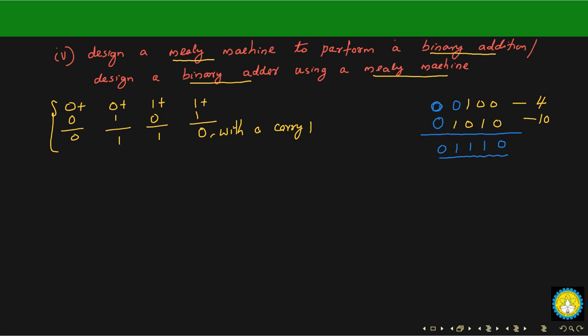Okay, so let's say our input is 1 and 1 1 1. So we want to add 1 with 1 1 1. 1 actually represents 1 in decimal. 1 1 1 represents 7 in decimal.